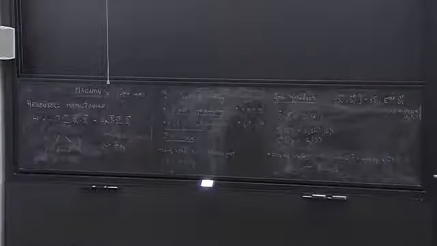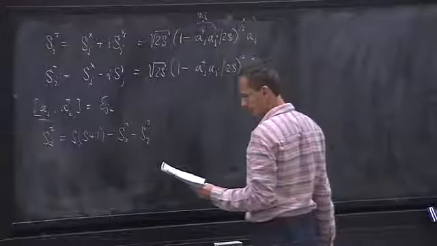So let me focus on a single site, and therefore I don't have to worry about these indices j, and let me lower the index z so that I can easily write Sz squared. And then from that equation, that clearly is equal to S times S plus 1 minus Sx squared minus Sy squared, right? I'm just solving that equation for Sz squared.